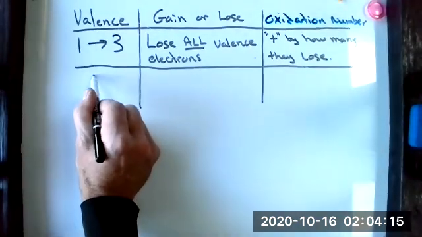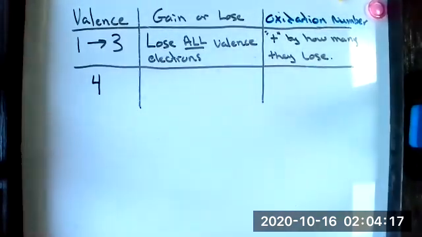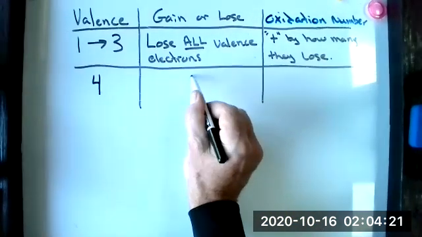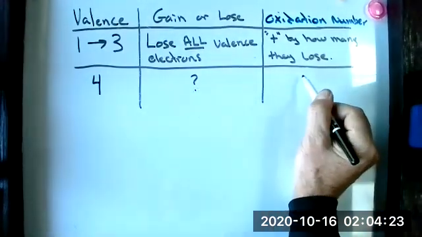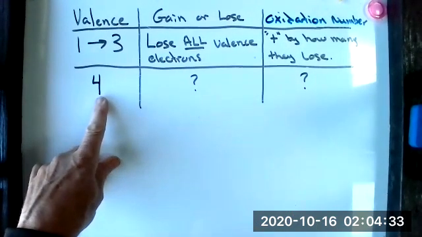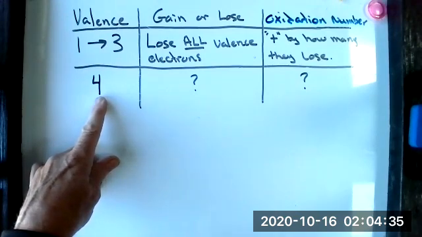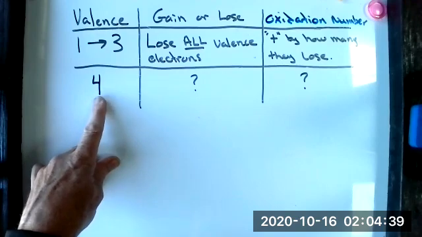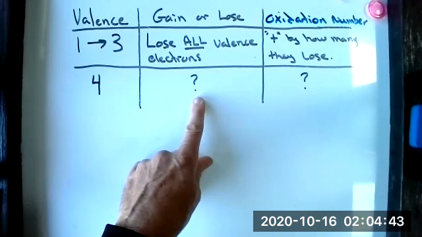4. Think about that one. Come on, you're smart. That's a bad spot to be in. Or is it a good spot? That depends. So we have elements that have a valence of 4. You know why 4 sucks?